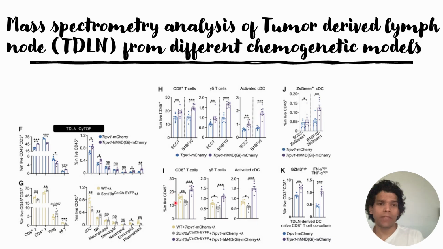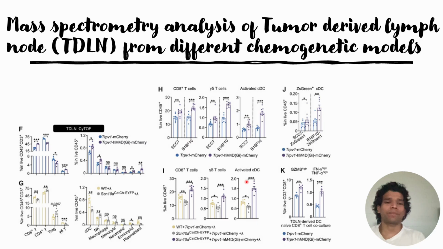And they checked the combinatory effect of these two models, that is, when they combine the tumor progression model, the optogenetic-based model, and the tumor suppression model, the chemogenetic-based model. They wanted to see the overall results. In that case, when both models are combined, they are able to see enhanced CD8 plus T cells, gamma delta T cells, and activated conventional dendritic cells.